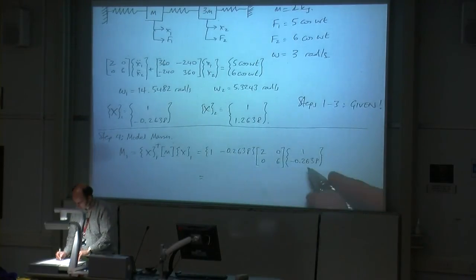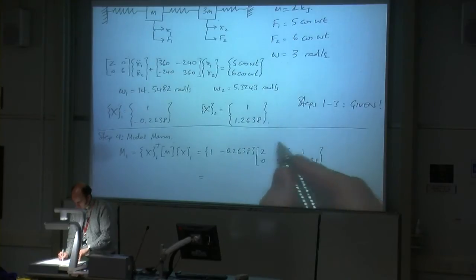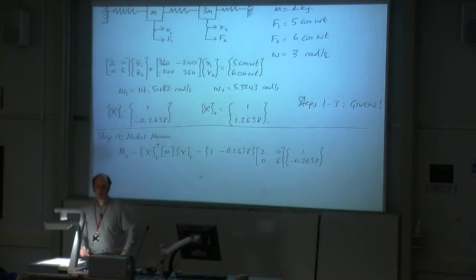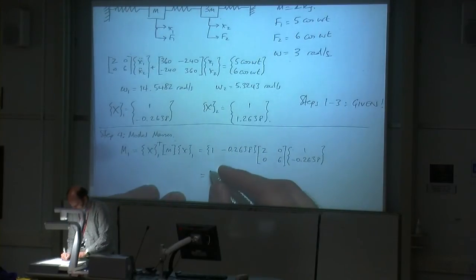And if you do the sums, the way to do it is to actually take these two terms first with your calculator. So I'll write out this one first, 1, minus 0.2638. And then you'll end up with a vector.